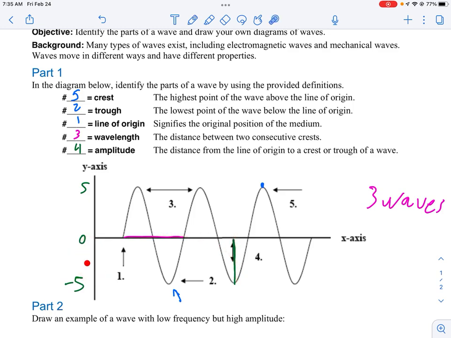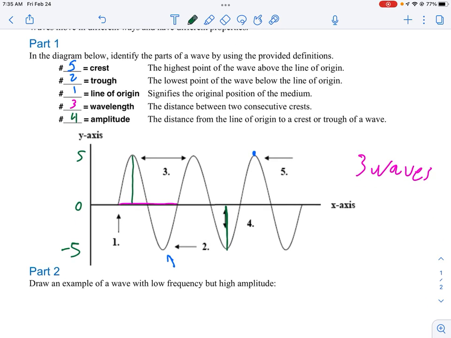So it would just be 5. It would be amplitude of 5. And then this would also be the amplitude, right? You can also go from the origin to the top, and you can see it's still 5, right? So the amplitude for this wave is going to be 5, not 10, right? That would be like if you went all the way from top to bottom. Okay, and that's pretty much it.